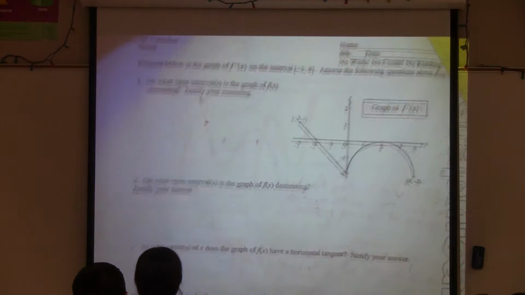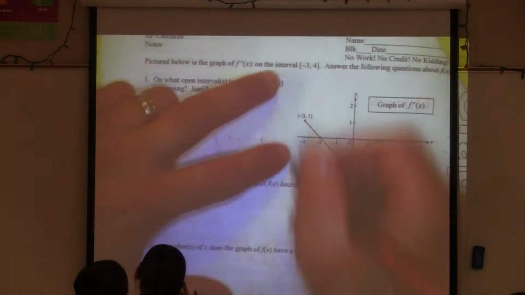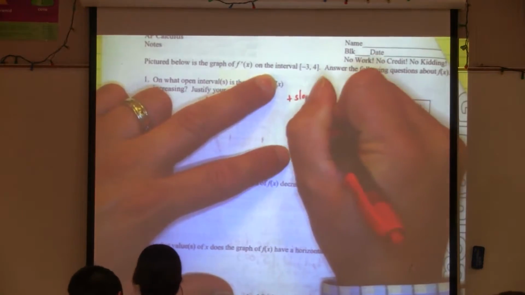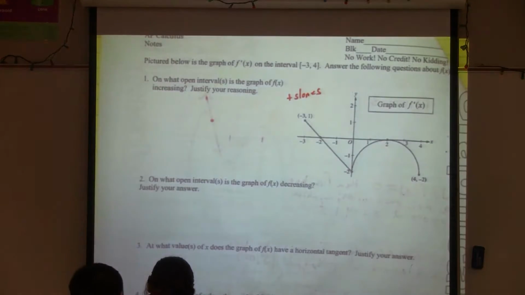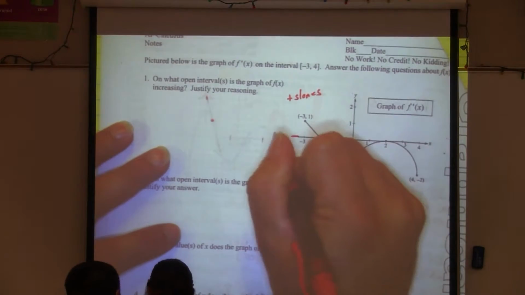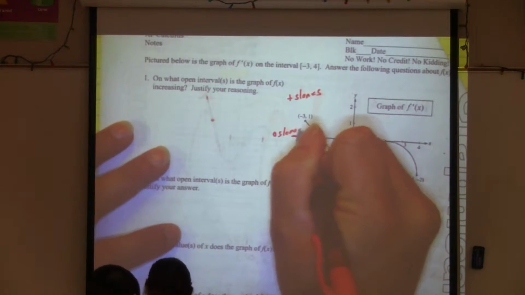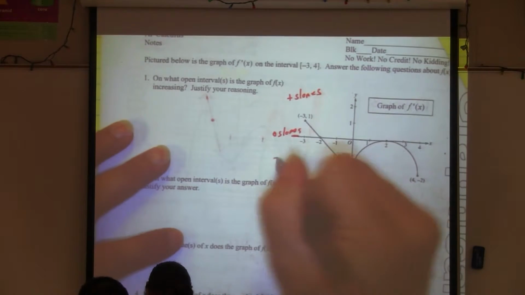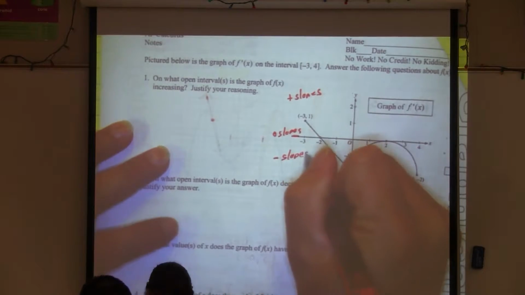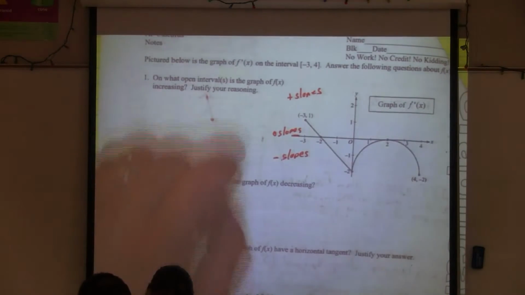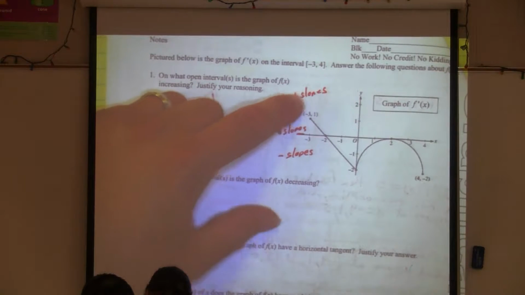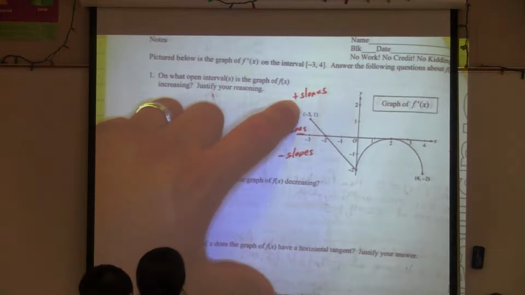Okay, where do I have positive slopes? Label that, positive slopes. Where do I have zero slopes? On the x-axis. Where do I have negative slopes? On the bottom. So when the graph of this function is up here, that means the original graph is increasing.